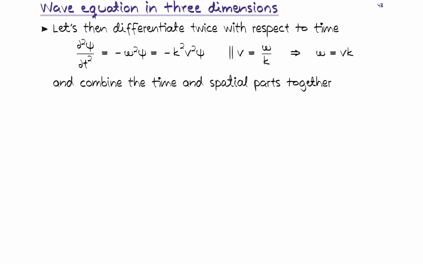And we combine these different spatial and temporal parts together, and we can now form something that looks like our original wave equation. So on the left-hand side, we have the partial derivatives over the spatial coordinates, and on the right-hand side, we have 1 over v squared times the partial derivative of wave psi with respect to time.